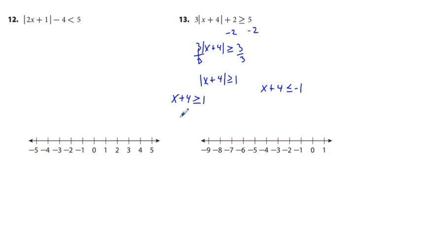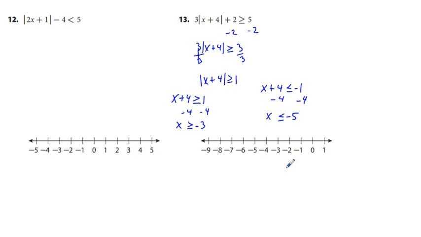Okay, so let's go ahead and solve this. If we subtract 4, we have x is greater than or equal to negative 3. And then on the other one, if we subtract 4, we have x is less than or equal to negative 5.